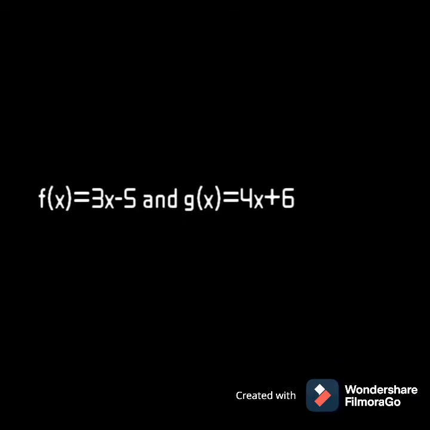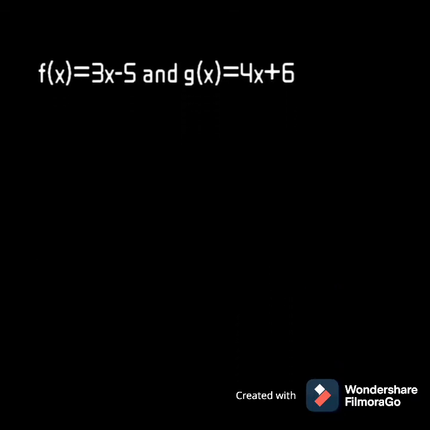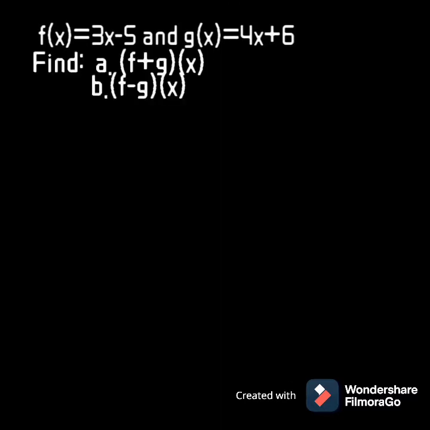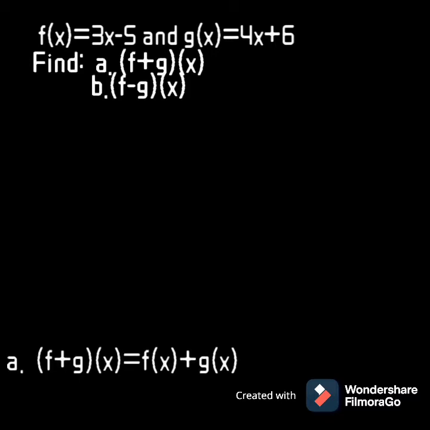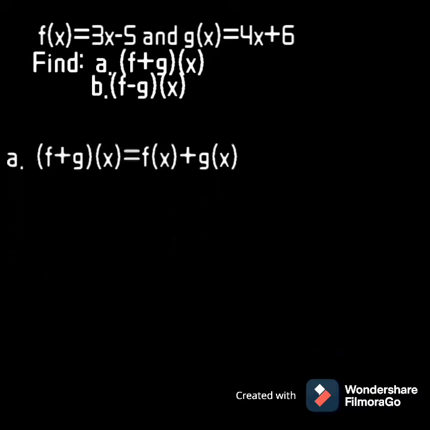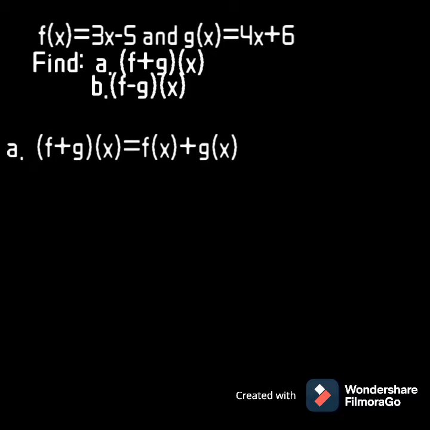Let's say we have a function of f of x is equals to 3x minus 5 and g of x is equals to 4x plus 6. Find the quantity of f plus g of x and the quantity of f minus g of x. So let's first solve the a. Quantity of f plus g of x is the same as f of x plus g of x.